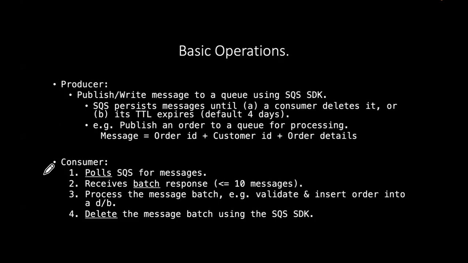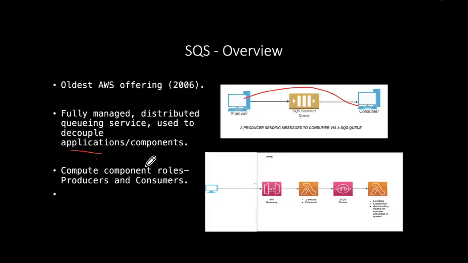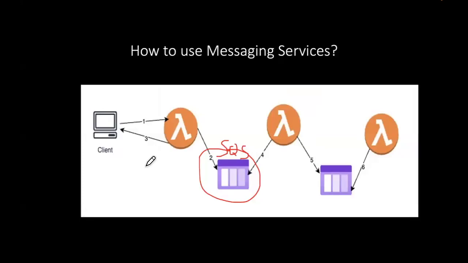The consumer then is the other compute component, and this is how it behaves. It polls SQS for messages. Now, if I go back a couple of slides, I've mentioned it in passing, but look at the direction of the arrows. This Lambda is writing the message to a queue.